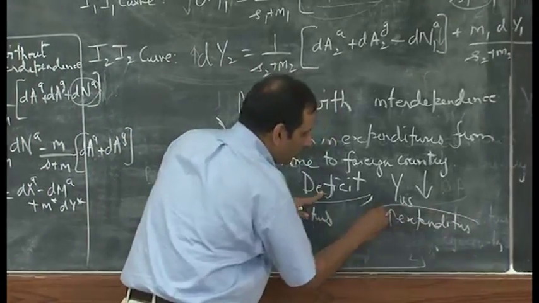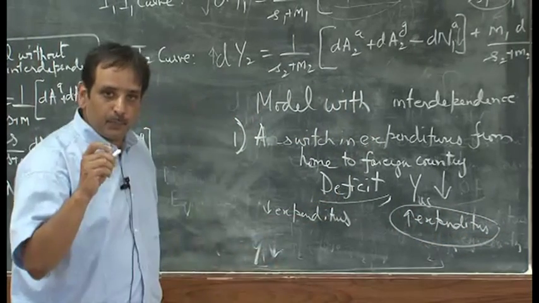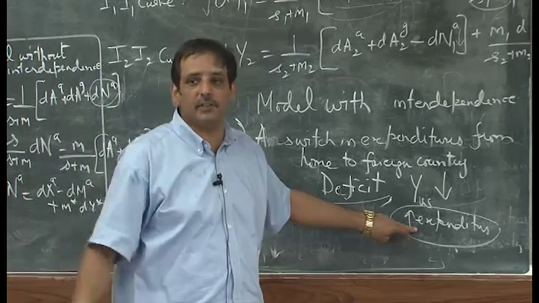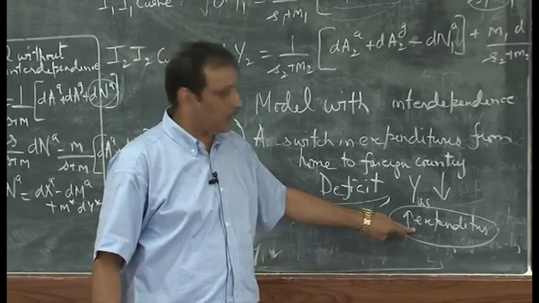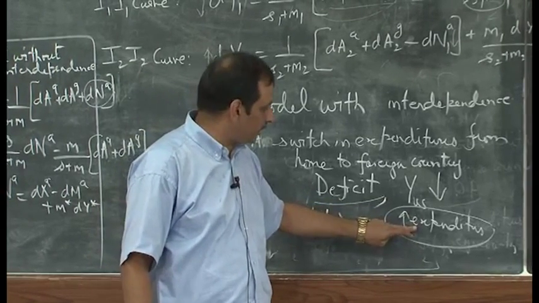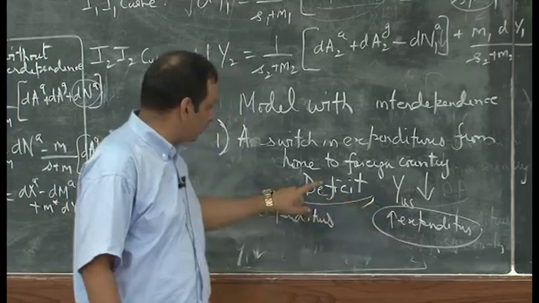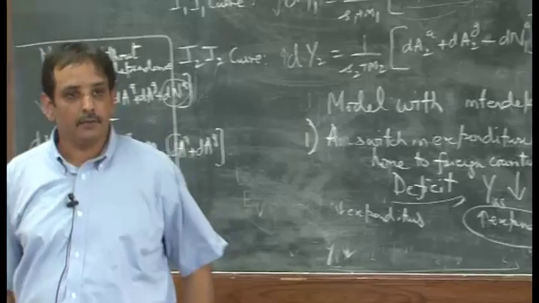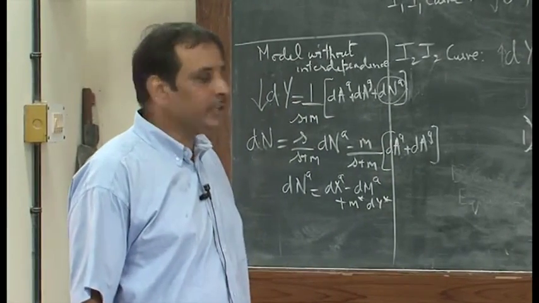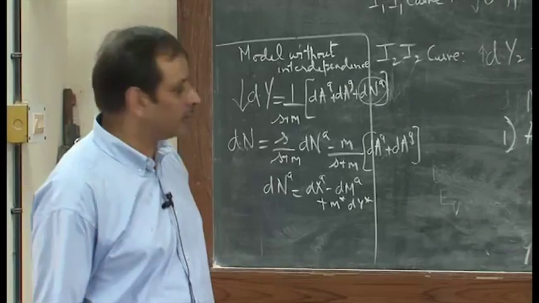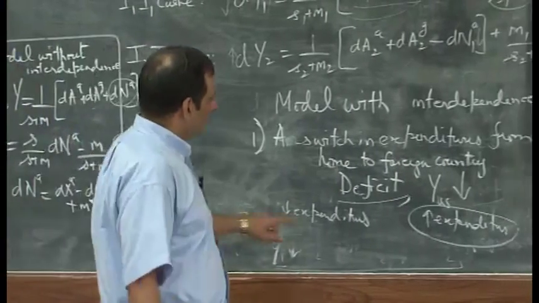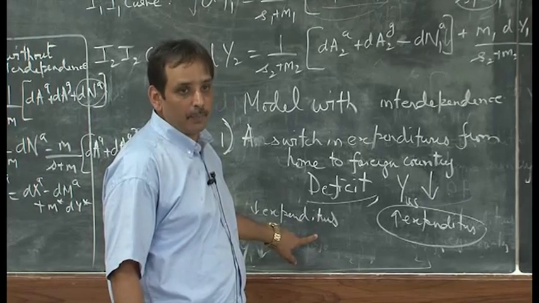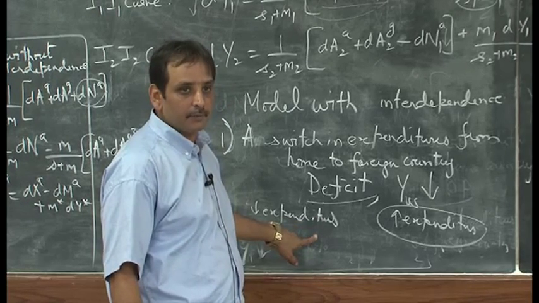Now, I want you to understand this point, that when he increases expenditures, please think what happens in Japan. When he increases expenditure here to take care of the internal balance, it leads to a deficit here. But think what happens in Japan. In Japan, because of the increase in expenditures, their incomes go up, right?